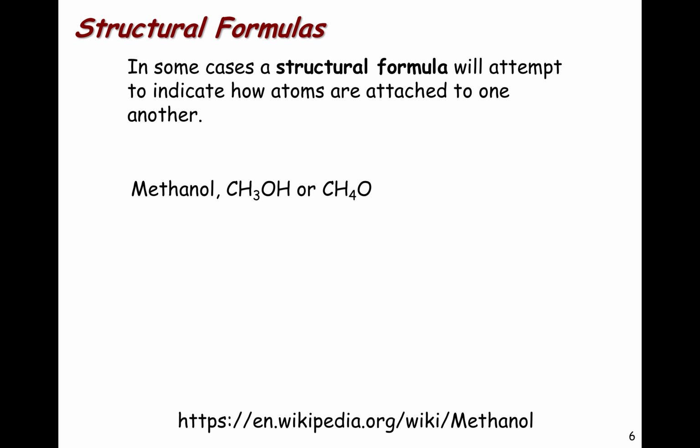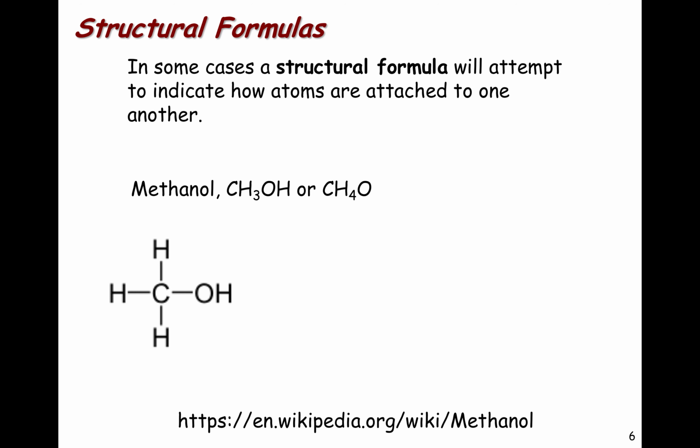So we can also write the formula of this compound as CH4O, but this doesn't really tell us much about how the atoms are attached, and you might even think that all 4 hydrogens are attached to carbon, and that doesn't really make very much sense in terms of having the oxygen and how that might be attached.